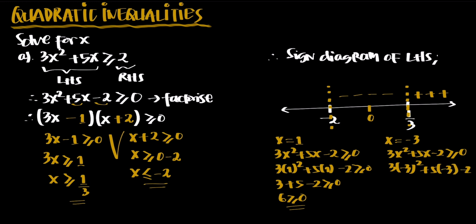Then 27 minus 15 minus 2, so this is 12 minus 2, which is 10 ≥ 0. So this is positive. That's the way we can solve quadratic inequalities, by substituting values to find out the sign diagram of the left hand side.